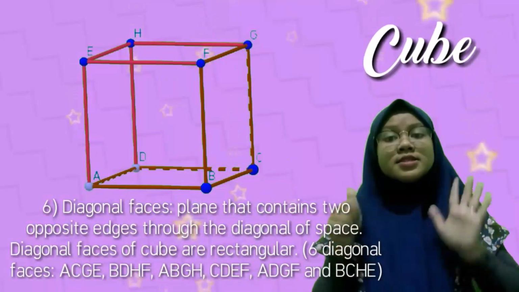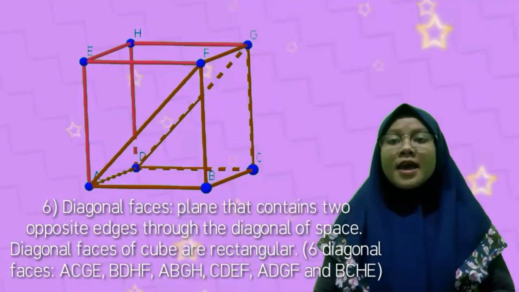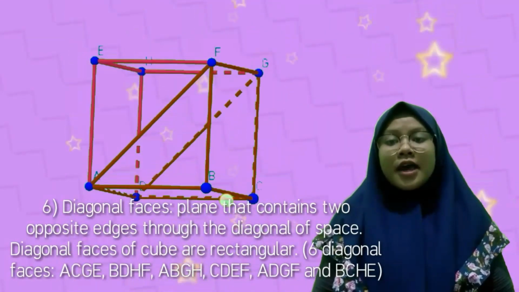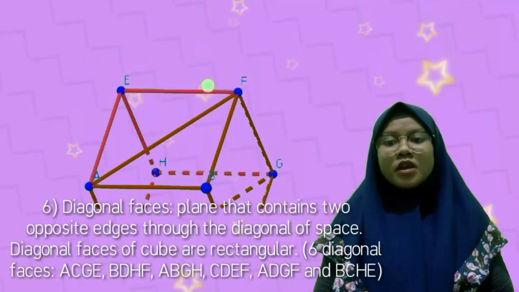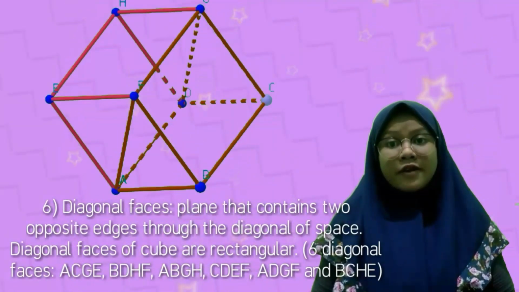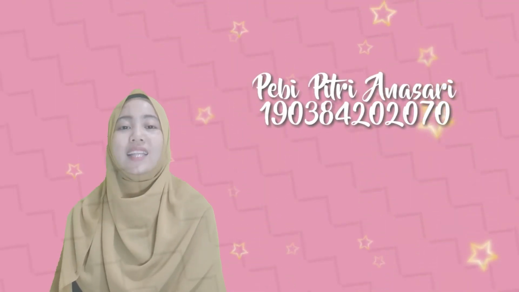There are 6 diagonal planes, namely ACGE, BDHF, ABGH, CDEF, ADGF, and BCHE.